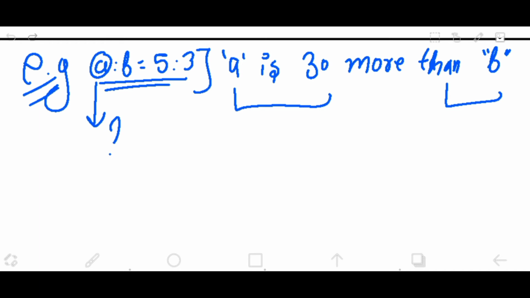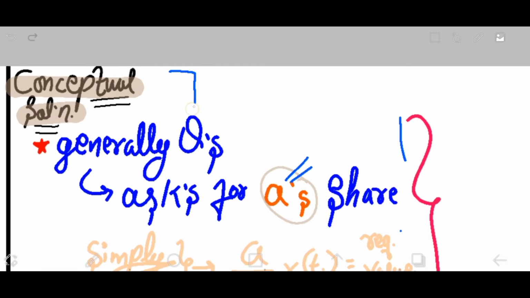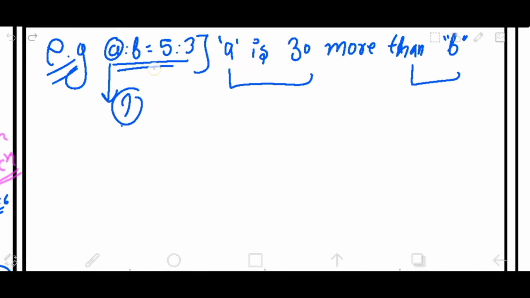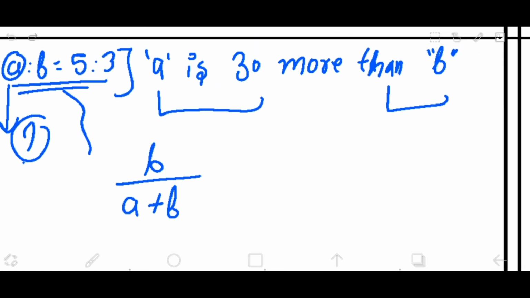In this type of question, with the basic concepts, you can directly calculate the value. You first have to find the value of B by using this equation, like B with A plus B into the total value.